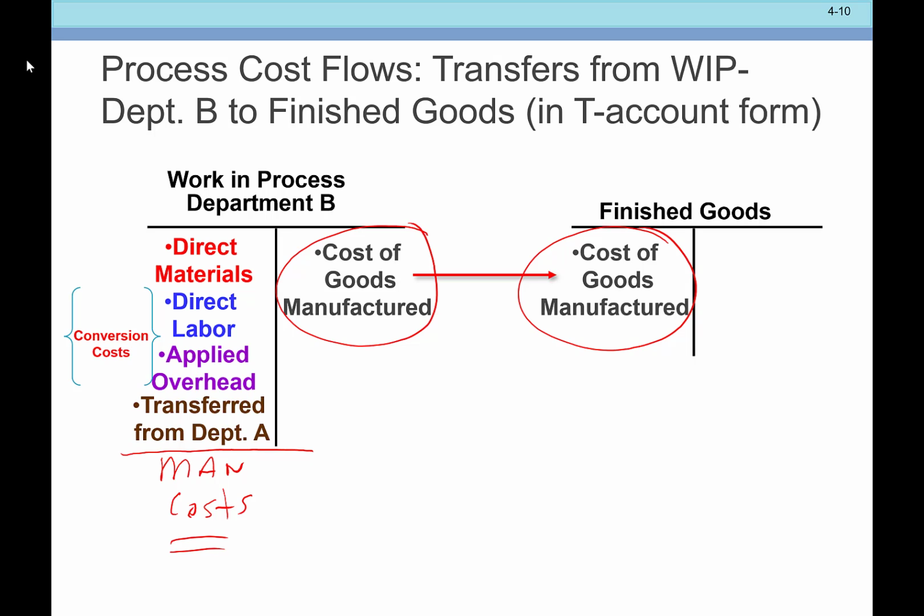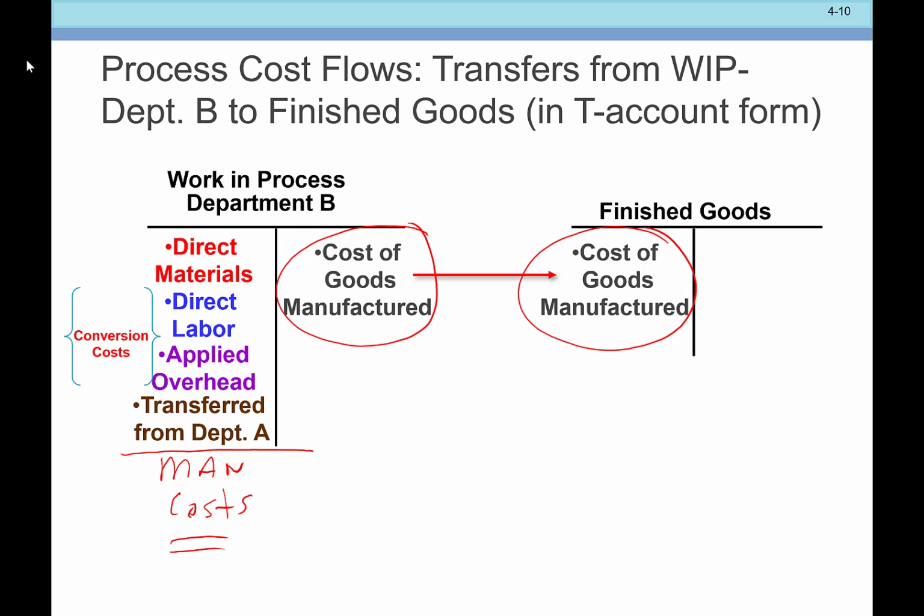That doesn't mean that we have to wait until we have the flakes to start to accumulate cost in Department B. We could be accumulating the cost in there, waiting for more stuff to come in from Department A, right? The flake department.